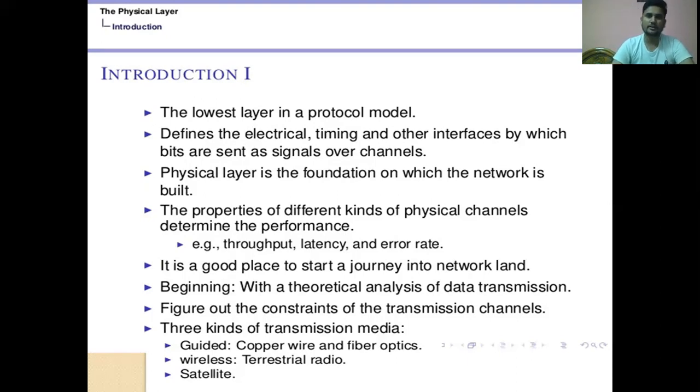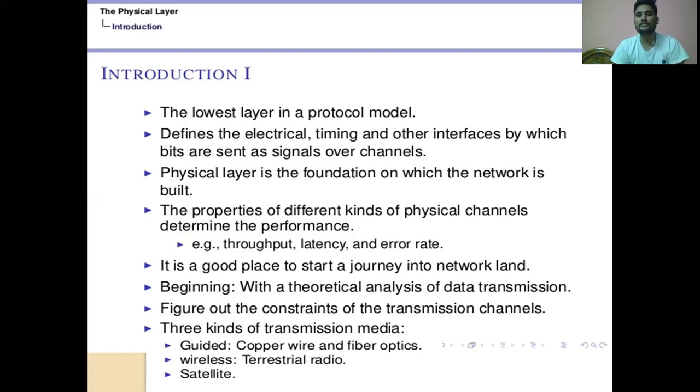You have used data transmission methods when you are sitting in our laboratory, sharing some amount of data from one system to another system. All of that is an example of the practical approach to physical data transmission. But here we discuss the theoretical analysis of how the data has to be transmitted in the physical layer. That is what we will discuss here.